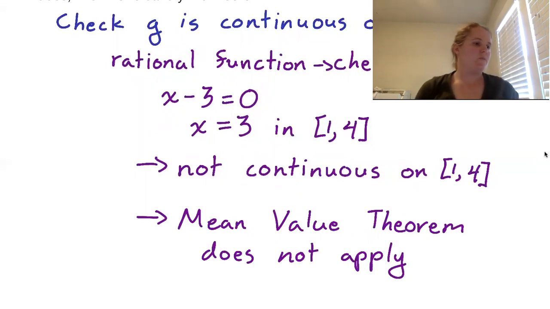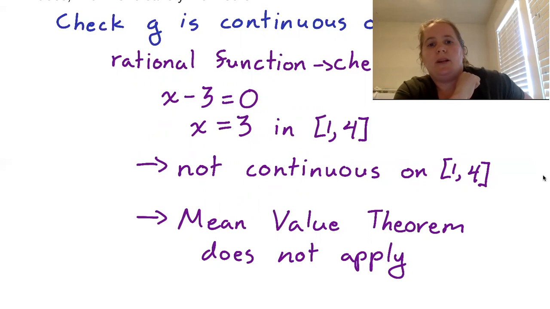So we do have to check that the conditions are met for the mean value theorem. Check we have continuity, check we have differentiability. The main places that will have issues will be things like rational functions, where the denominator can be an issue. We might have issues with secant, cosecant, cotangent, tangent.